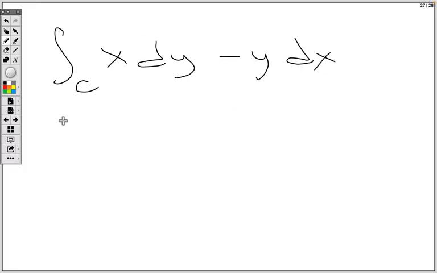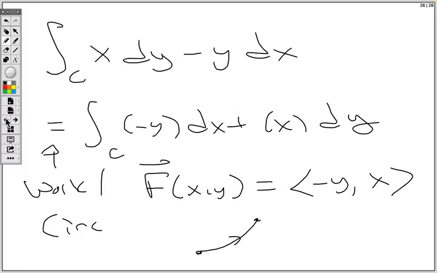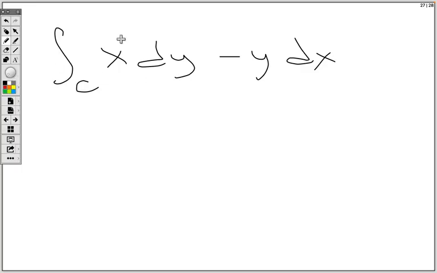Or I could rewrite it this way. I could keep it as is, x dy minus y dx. I guess I should be a little more specific here. So this would be my M dx plus N dy. If I kept it this way, I could think of this as M dy minus N dx.